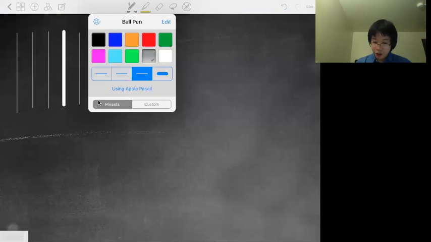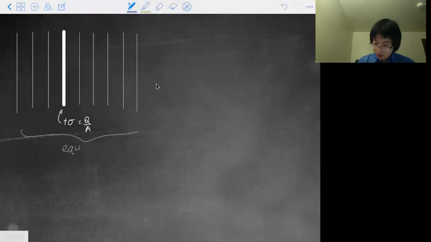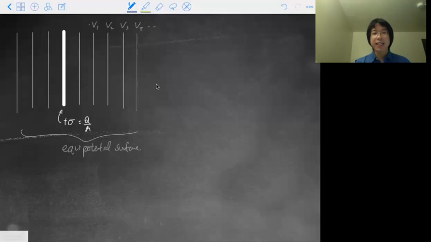So Q per unit area, charge per unit area, if you remember. And all of these are called equipotential surfaces. So maybe this is VA, VB, let me use a different notation: V1, V2, V3, V4, right? Either way, each one has a different potential, but on that line it's the same.